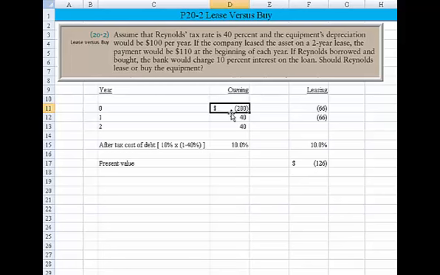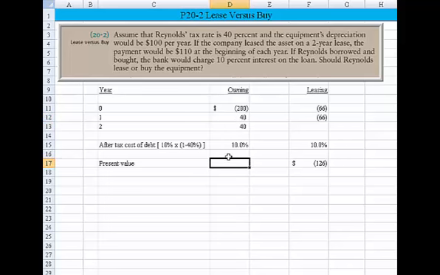So that explains that outflow of $200. Next, we need to look at some positive cash flows, and this really is from the depreciation shield. So we take the $100 of depreciation times the 40% income tax rate, and that positive effect is called the tax shield from depreciation, and that has a positive effect for the company at the end of year 1 and at the end of year 2.